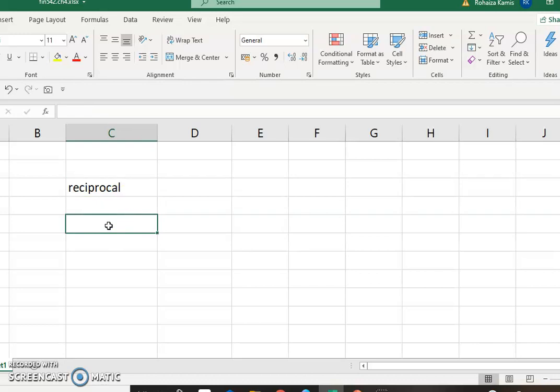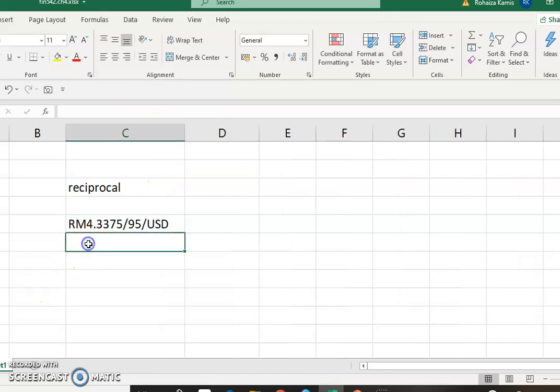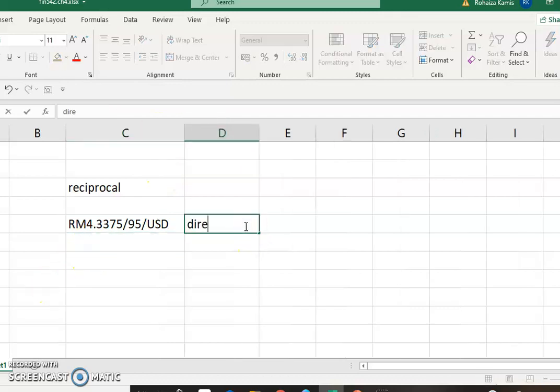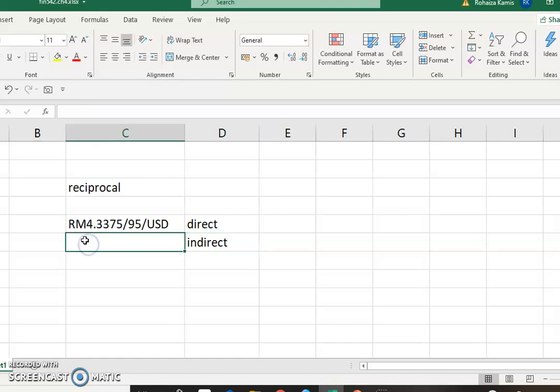Now I want to show you from a direct quotation to an indirect quotation. 4.3375 slash 95 slash USD. So now I just want to convert it. This is direct, so I want to convert it to indirect quotation. How do I do this?